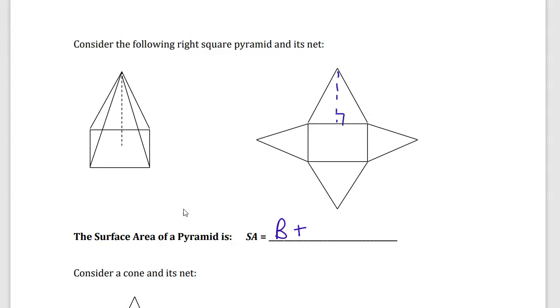Remember, these are triangles. And so this is not necessarily our H. Our H is the height of the pyramid. This right here is what we consider L. It is the slant height.